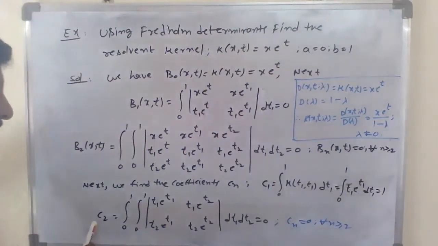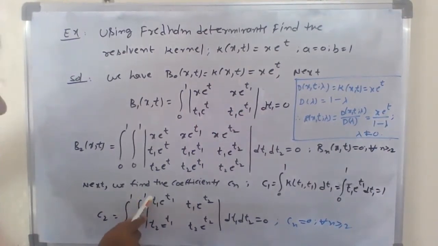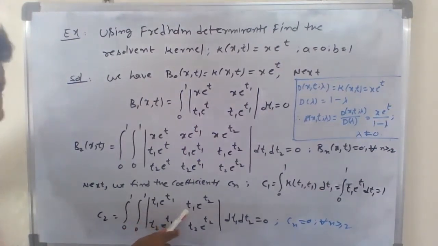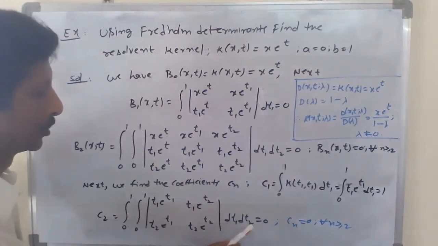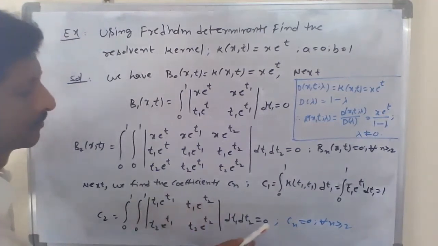Similarly, we go for C2, which is the double integral from 0 to 1 of the determinant with rows k of t1 comma t1, k of t1 comma t2; k of t2 comma t1, k of t2 comma t2, with respect to t1 and t2. The value of the integral is 0.